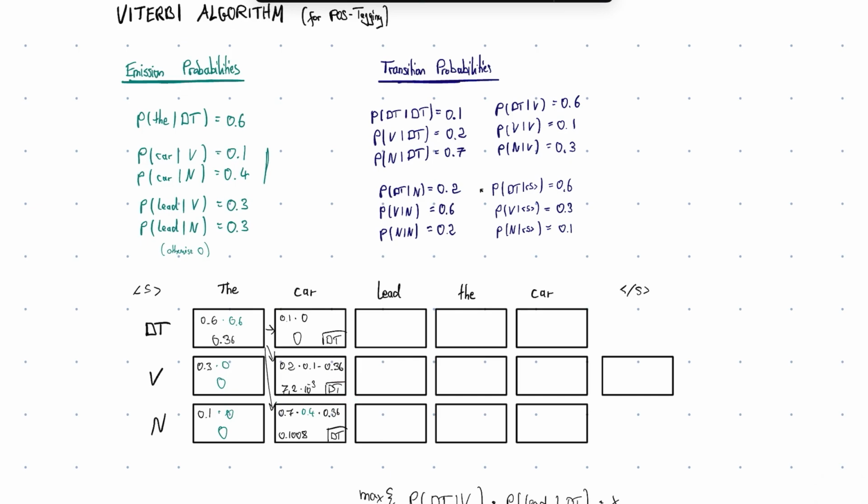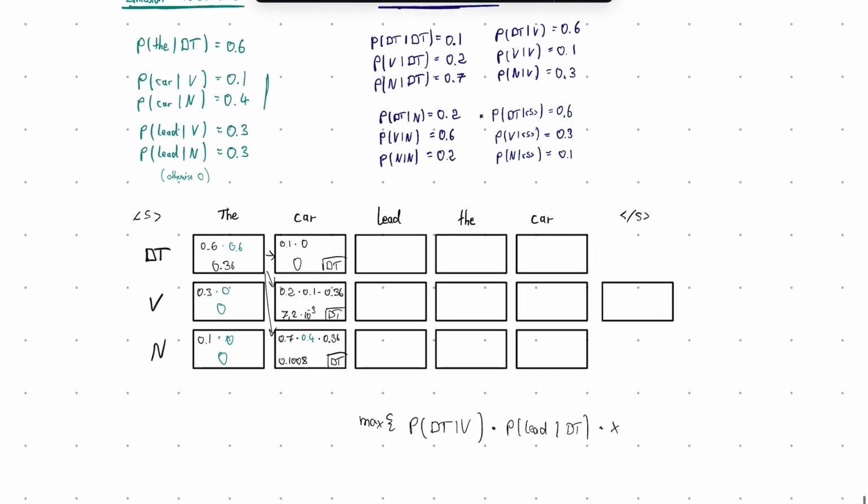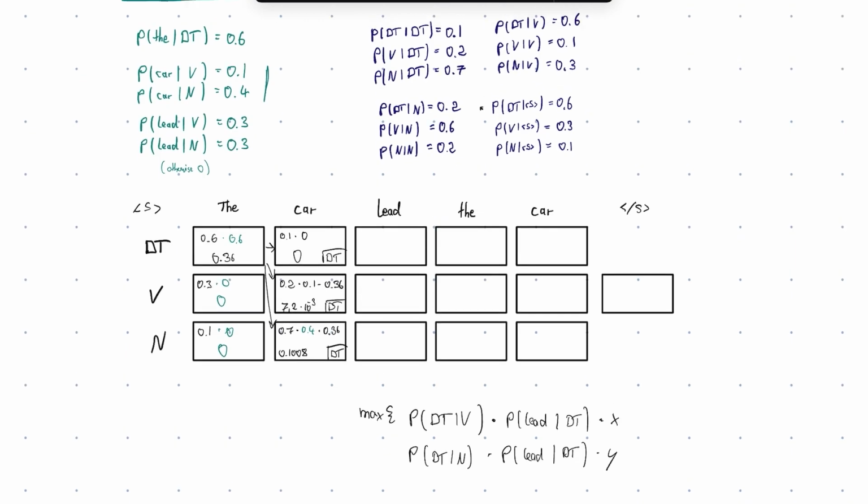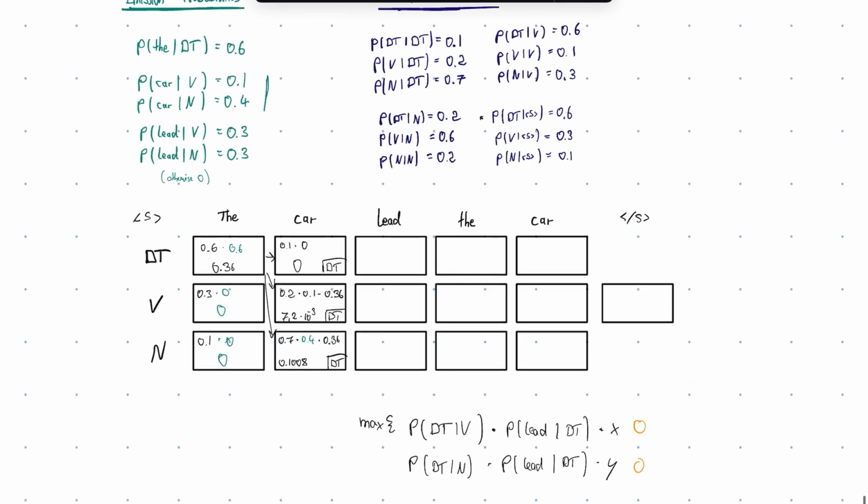The other option is coming from the noun state, which would be determiner given noun times the probability of lead in determiner, which is the same, and this has another path probability. But we can see that emitting lead when we are in the determiner state doesn't exist here. So this is 0, and this is also 0. So this entire thing up here is 0.